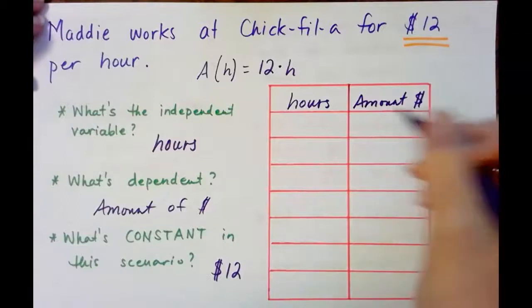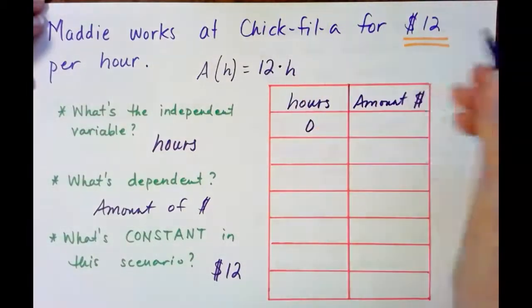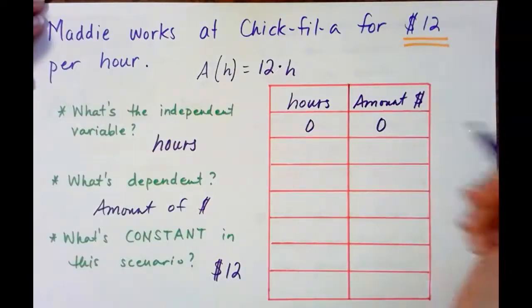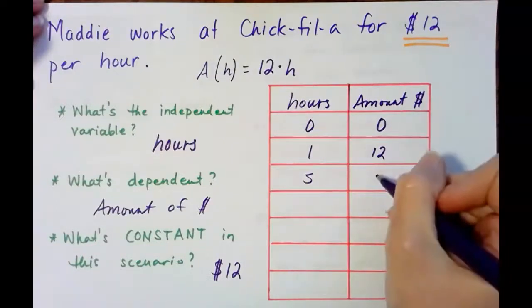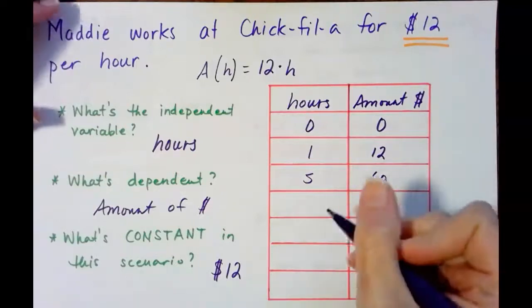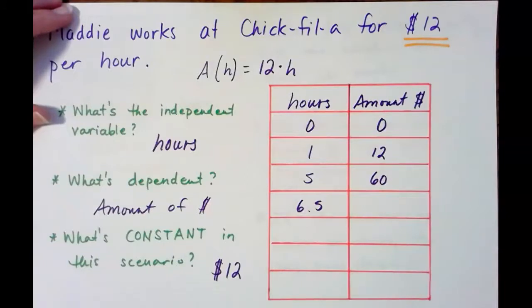Think about it. If Maddie works 0 hours, Maddie gets paid 12 times 0, $0. If she works 1 hour, she gets paid $12. If she works 5 hours, 12 times 5, 60. If she works 6.5 hours, because this will be a continuous function.